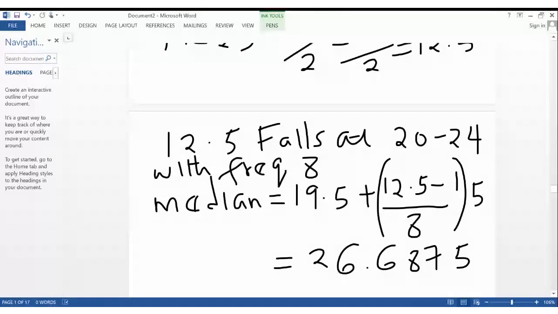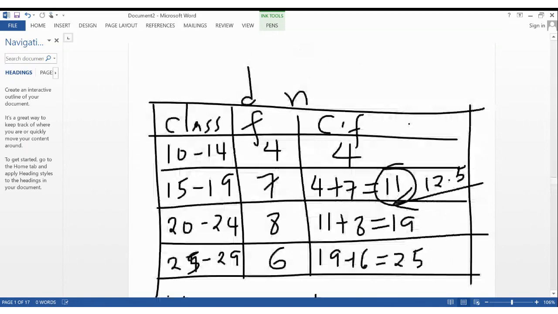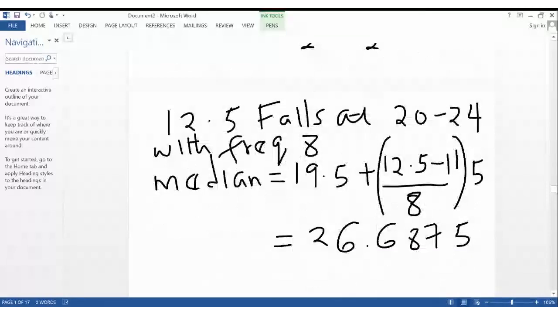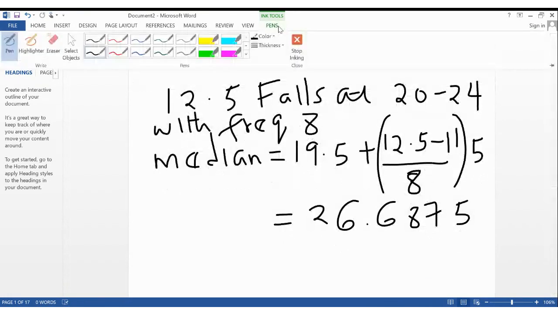That's why we are taking an 8 where the 20 to 24 frequency is falling. Then we multiply by the class width, and oh, there's a mistake I've done. It's not 1. It is supposed to be 11. My pen had failed me there.